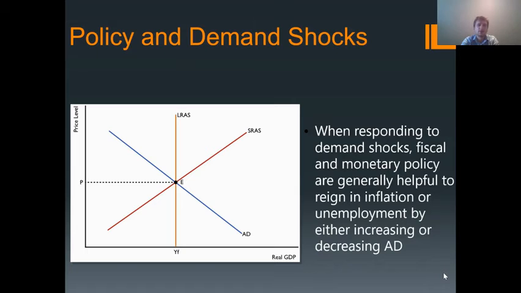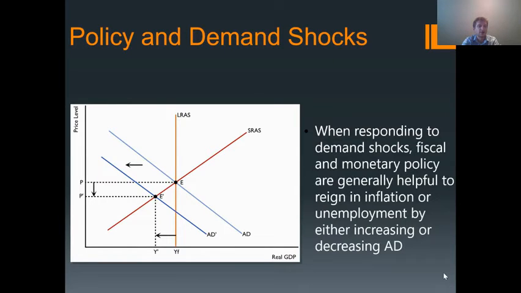When you are responding to demand shocks, if you're a Keynesian, so here we have a negative demand shock. What you would do is you would institute either fiscal or monetary policy. Once again, we'll go over fiscal policy in the next video. Monetary policy will be the next unit. And what you do is you institute expansionary fiscal policy.